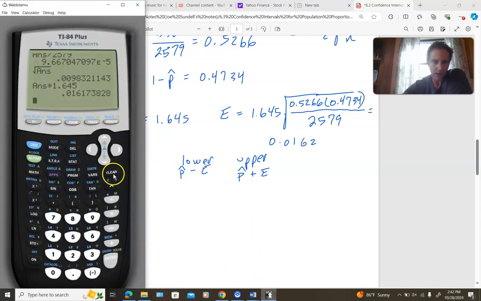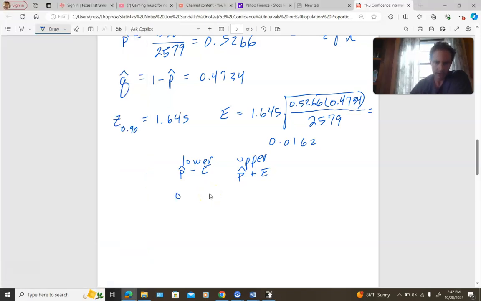P hat is 0.5266, minus that previous answer, because that's the margin of error. And I'll round this to 3 decimal places. So this will be 0.510. So the lower bound is 0.510.